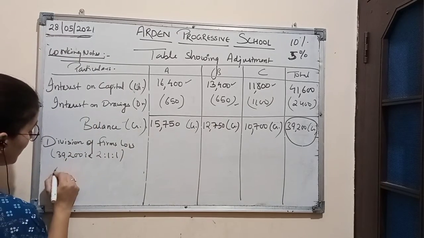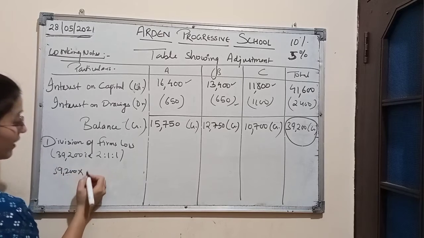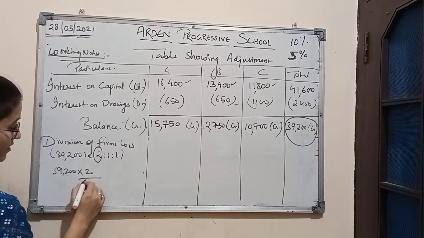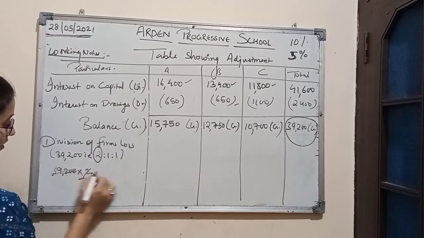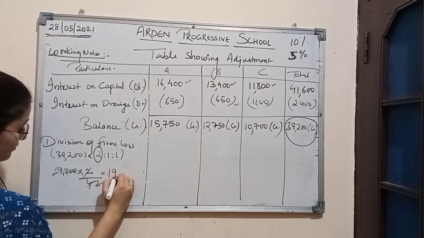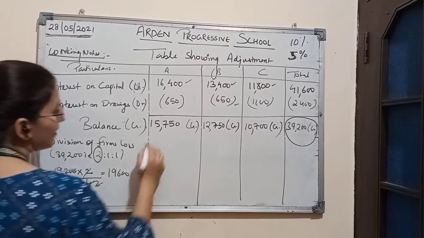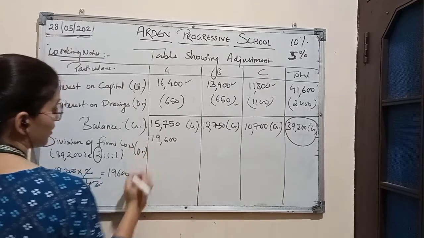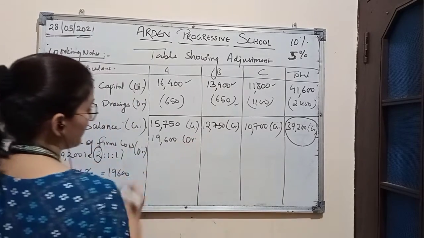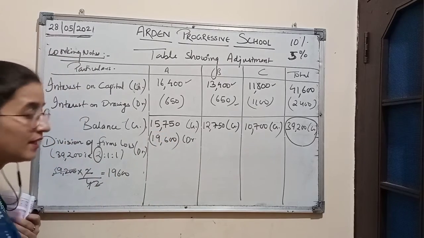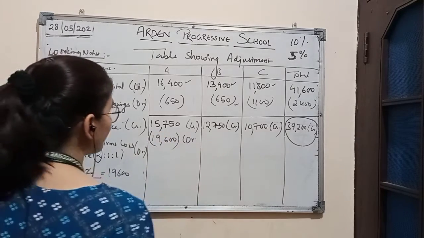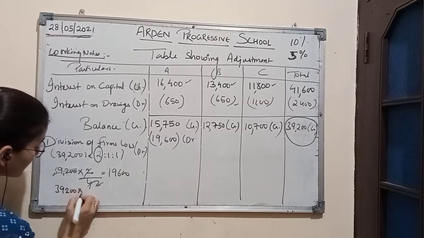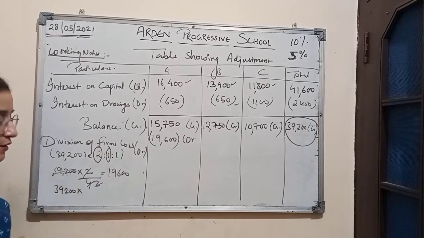So let's see the share of loss of partner A. Here the total amount is 39,200 multiplied by A's share, which is 2 divided by 2 plus 1 is 3, 3 plus 1 is 4. So your answer will be 19,600. As it is a debit balance, we will write here debit and it will be represented in bracket. Next we have partner B. So here 39,200 is a total loss and share of partner B is 1.